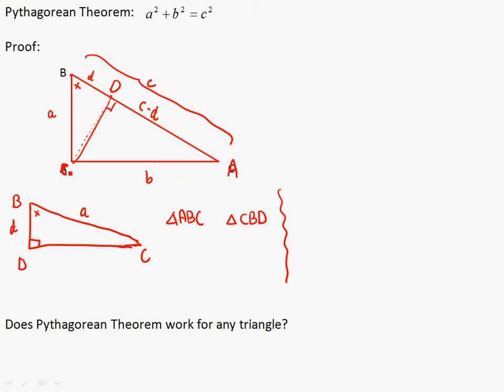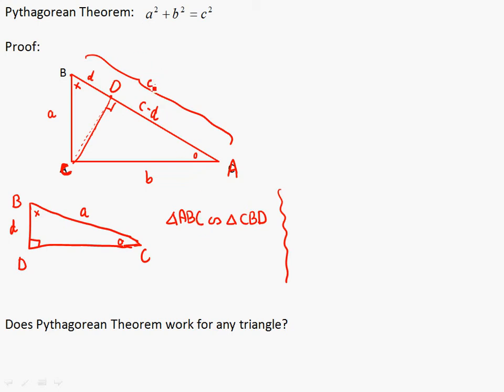And because this is 90 and this is 90, this angle here must be the same as this angle here. That means these two triangles are not exactly the same, but they are similar, right? And this is the symbol for similar. You okay with this? Yes? No? Okay.